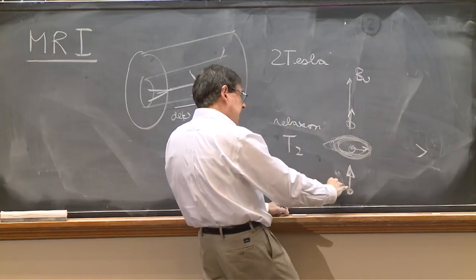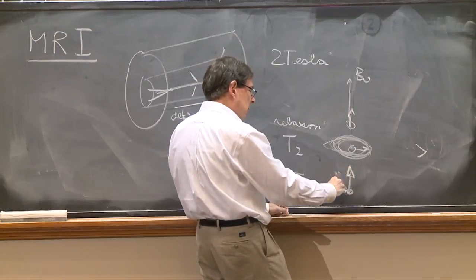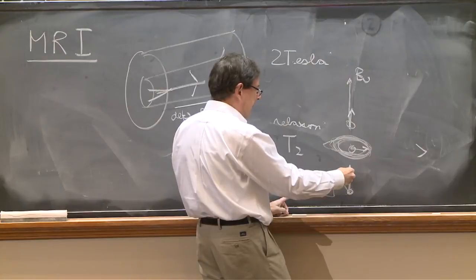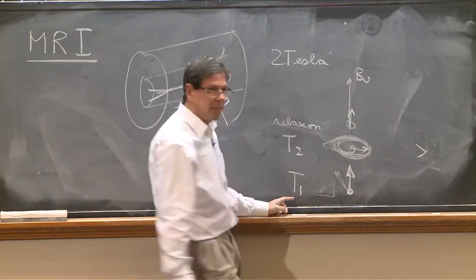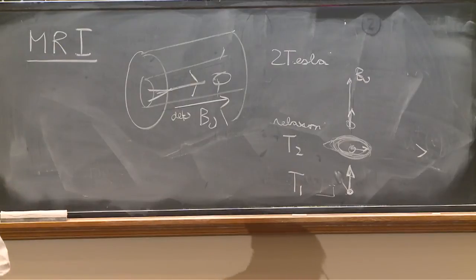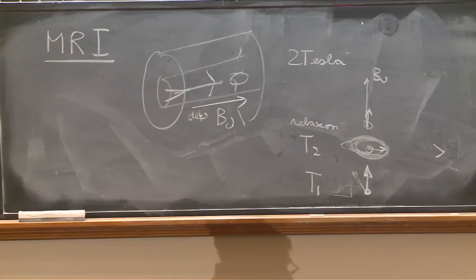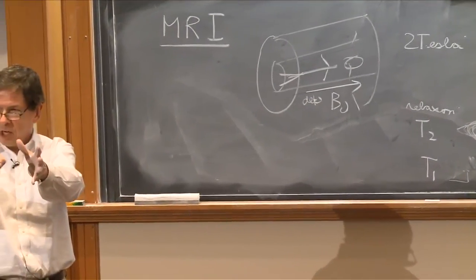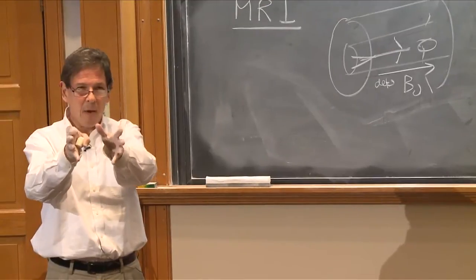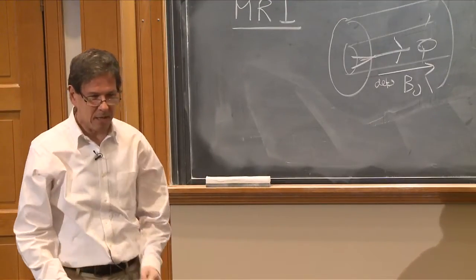And then there is an interaction with a whole set of neighboring atoms that eventually brings it back up and aligns it to the magnetic field. So you measure two things, T1 and T2. And those are very good clues, because you can put any liquid in the machine and measure its T1 and T2, and then you produce a table of T1s and T2s.